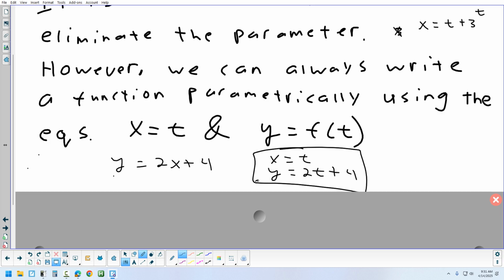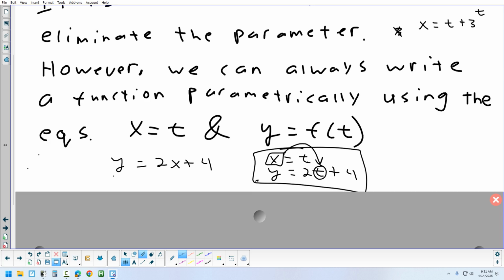Well, it already is. t equals that. So now, in your y equation, everywhere that you see a t, fill in the formula that we got from the first equation. And it turns back into y equals 2x plus 4. So it's just kind of a cheap way to make something parametric, but technically it does work.